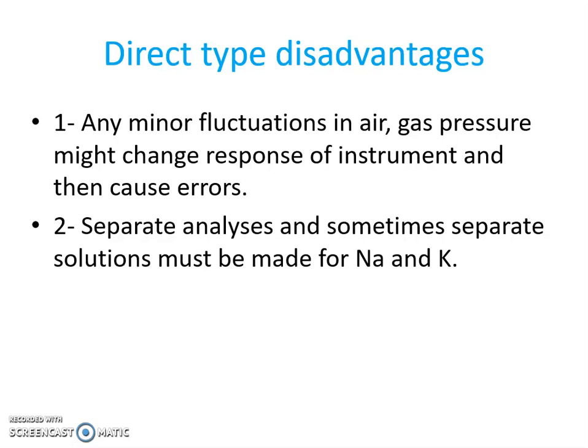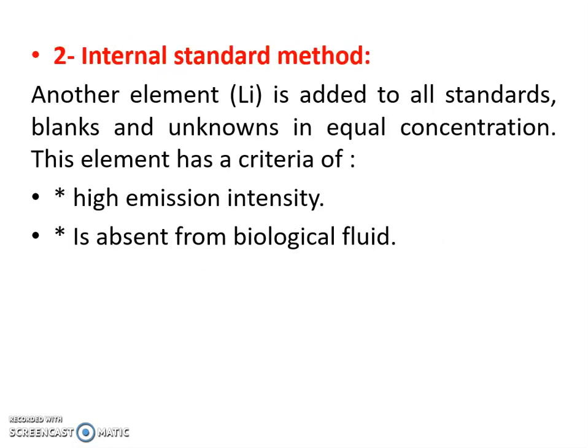Separate analysis and sometimes separate solutions must be made for sodium and potassium. Now internal standard method: another element, lithium, is added to all standards, blanks and unknowns in equal concentration. This element has the criteria of high emission intensity and is absent from biological fluids.